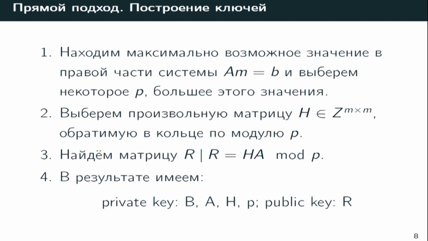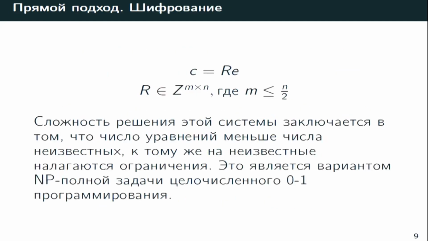What do we need to do next? We have AN equals B. We have the maximum number on the right hand side, and we choose to make an H matrix which will be reversible. An open key here is the R matrix. So what's this encryption all about? It's the multiplying of the binary vector by the R open key.